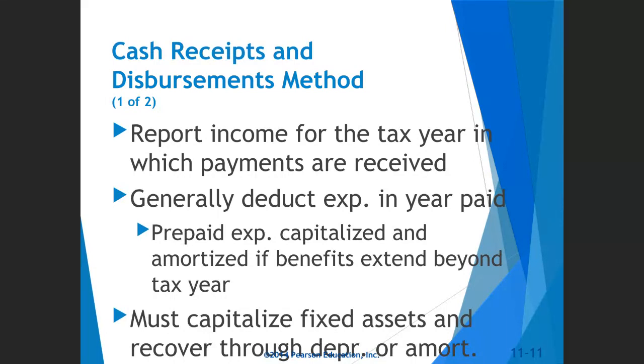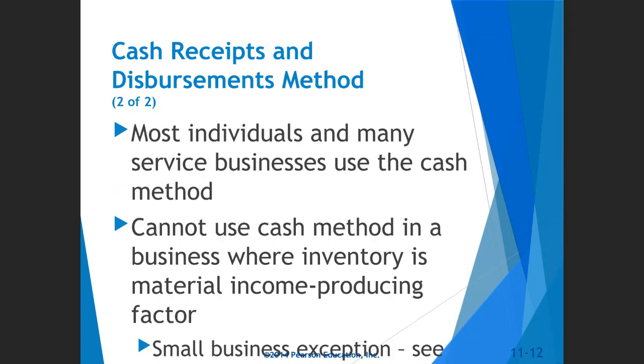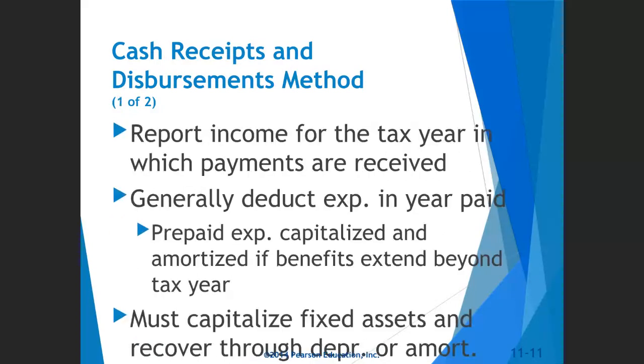Permissible overall accounting methods: cash receipts and disbursements, اللي هو cash basis. Accrual method. And a combination of the first two methods, often called the hybrid method. Let's go into discussing these methods. So first of all, اللي هو cash, the receipts and disbursements.